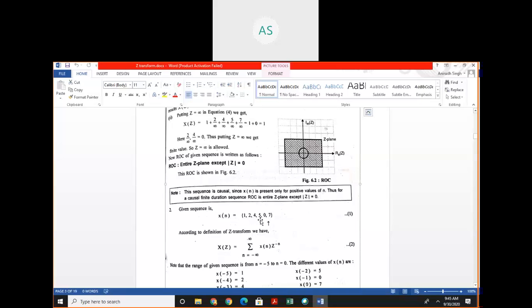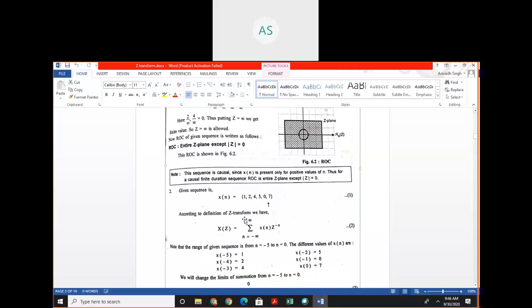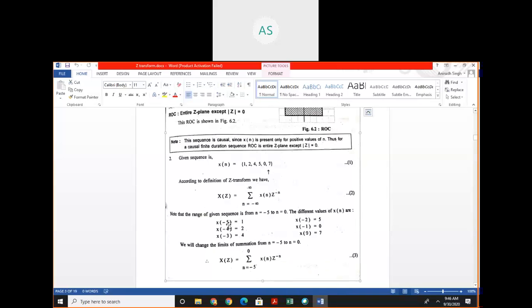Then this is the second question. X of n is equal to 1, 2, 4, 5, 0 and 7. Here the arrow is indicated at the 7, means here n is 0, minus 1, minus 2, minus 3, minus 4 and minus 5.